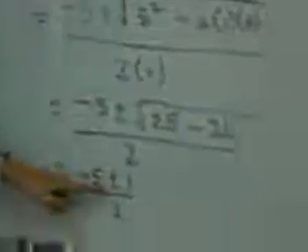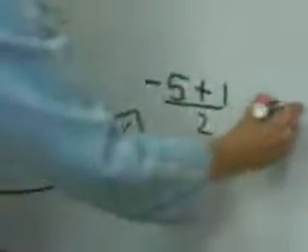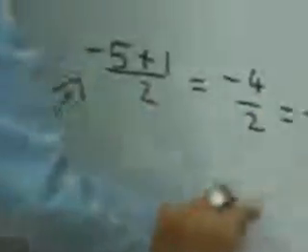And here we go and we split it into 2 parts, because there's a plus and there's a minus. There's always a plus or a minus. So we're going to say first minus 5 plus 1 over 2, which gives us minus 4 over 2, and that is minus 2.